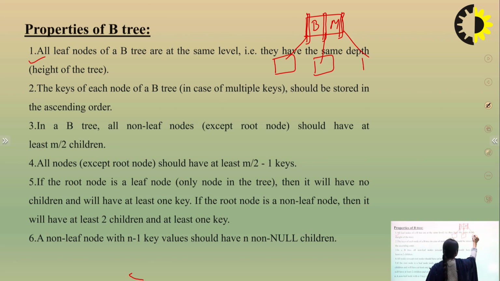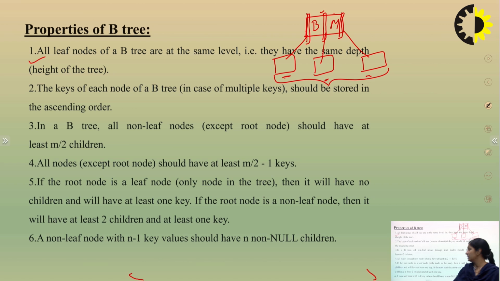If we have 3 children, like in the previous slide I told you, if order m is equal to 3, then there will be m-1 key values. Means children are 3, then m-1 key values, 3 minus 1, 2 key values. And the depth of all these leaf nodes is the same, because these all are at the same level.